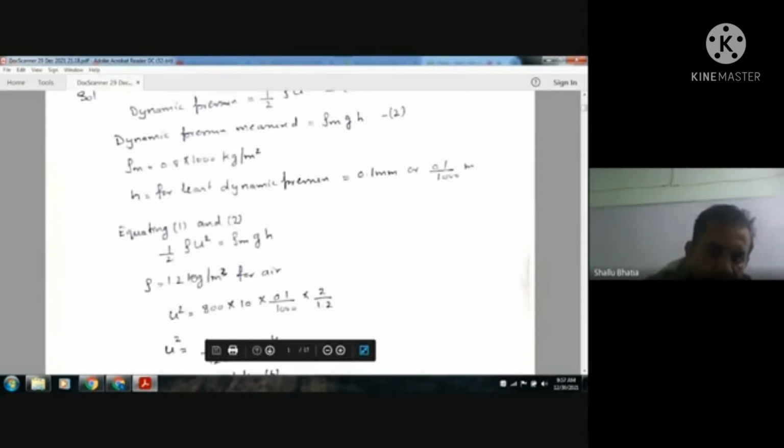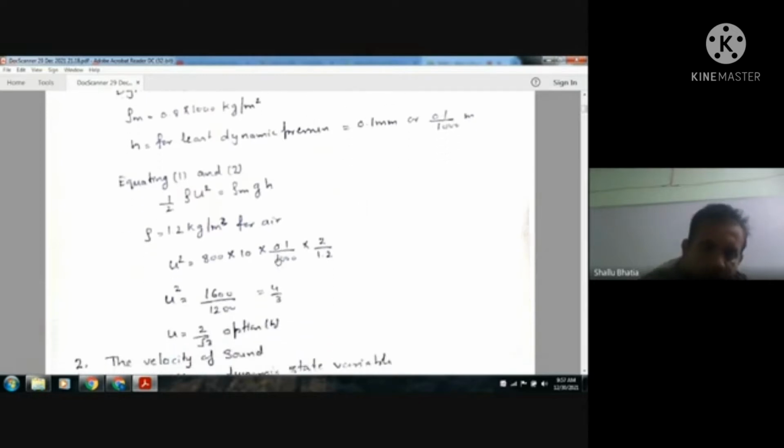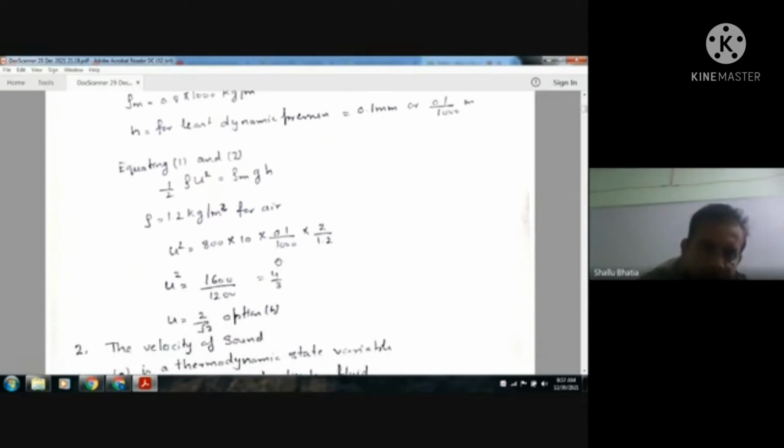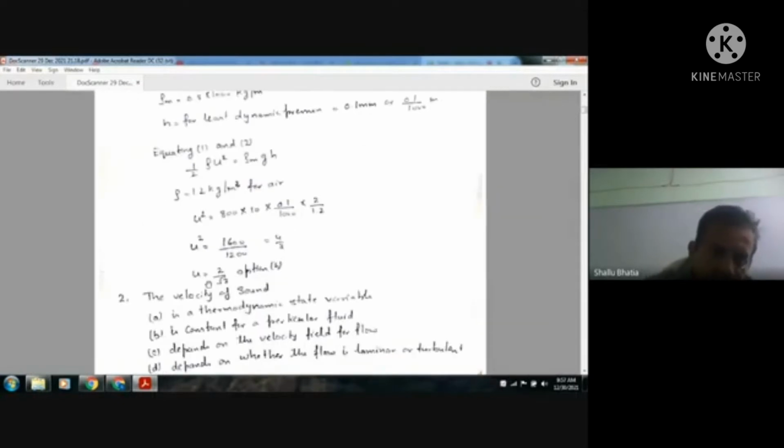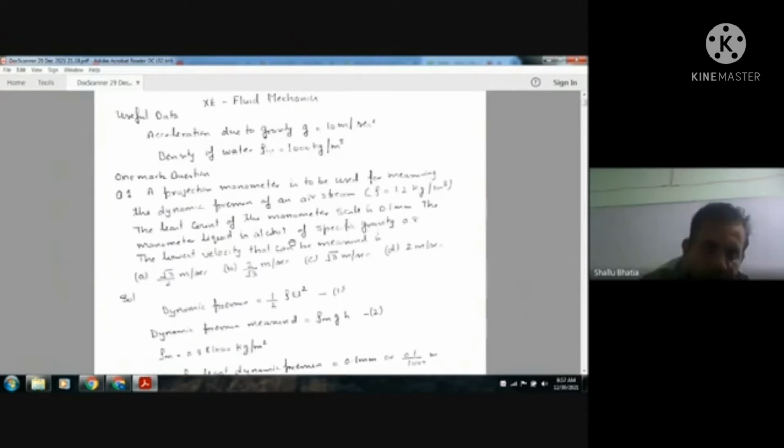Rho is 1.2, rho m is 800, g is 10 and h is 0.1 by 1000. Putting these values, we can find u square, that is 1600 by 1200 or 4 by 3, or u is 2 by root 3. So option B is the right answer.